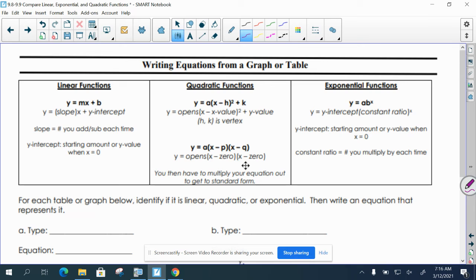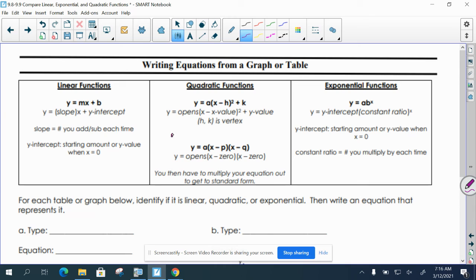So the next part gives you just some more examples and a summary. So if it's linear, you can write it as y equals mx plus b, but the slope is the number you add or subtract each time. Y-intercept is the starting amount or y value when x is 0. The quadratic functions, you can either write it in vertex form or you can write it in factored form.